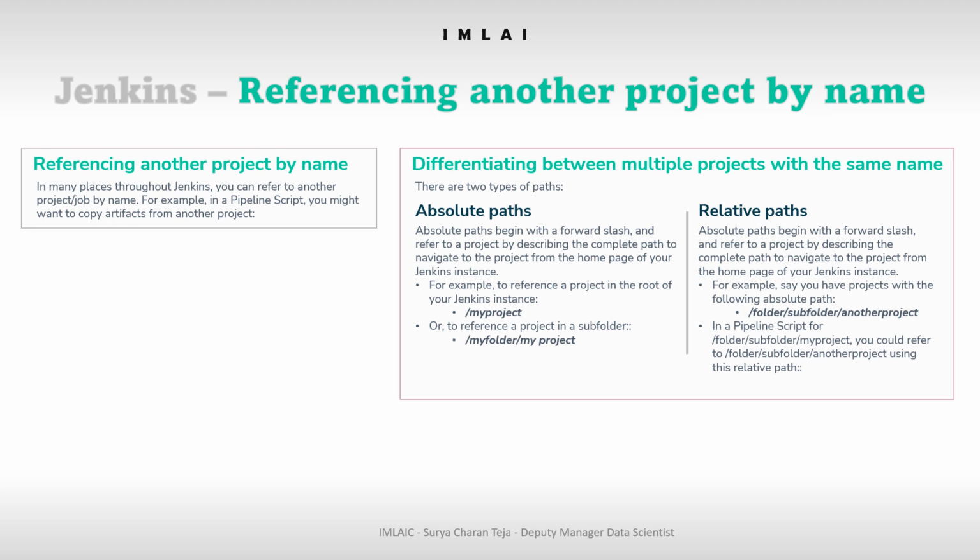That's it. And you could refer to /folder/some-project using the relative path ../some-project, where .. means to look into the parent folder. And you could refer to the same project /folder/subfolder/that-project using the relative path. If you are in that directory, you can directly use a relative path.